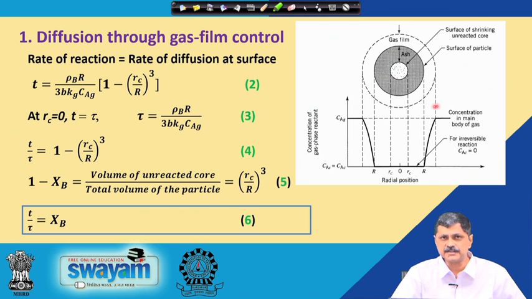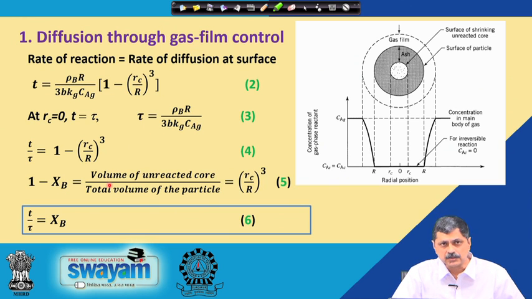The rate of reaction for the particle is assumed to be equal to the rate of diffusion at the particle surface, and we derive this relationship between Rc and t, where Rc is the radius of the shrinking core at any point of time. Equation 2 gives us the relationship between Rc and t, and when Rc becomes 0, the reaction is complete, t becomes tau, tau is the reaction completion time, and equation 3 gives us the expression for tau.